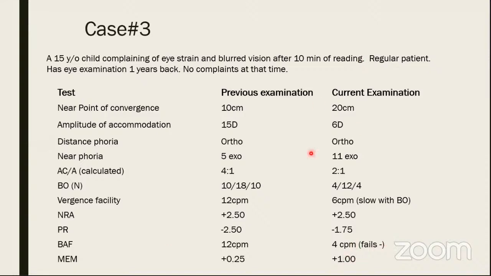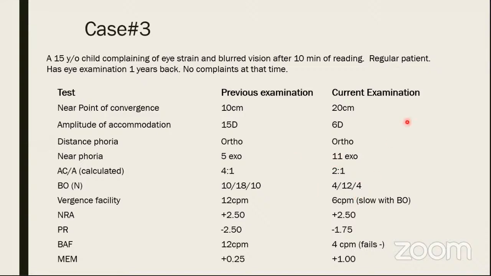So if we just take a direct view, if we think straight, the phoria is ortho at distance and exo at near. It directs us to a case of convergence insufficiency, and again we see the near point of convergence is receded, and the base out value is poor.